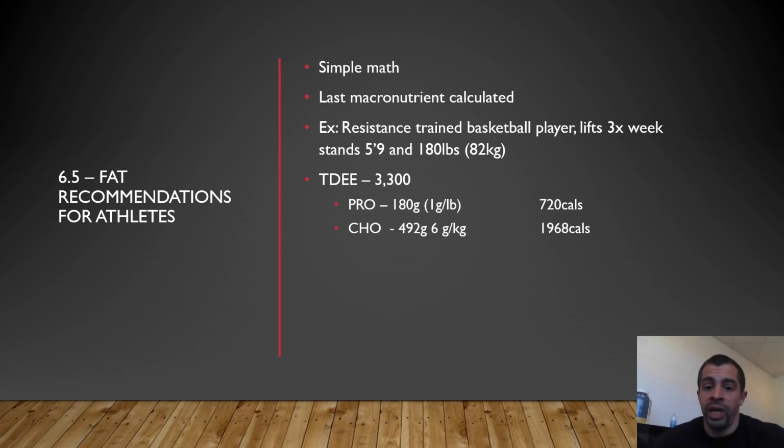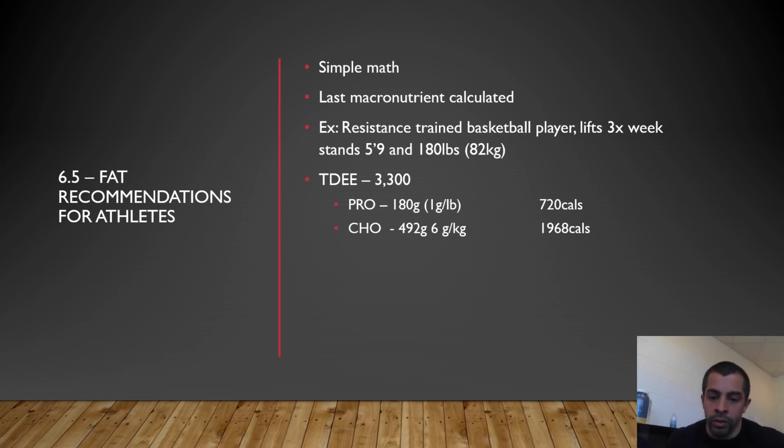Definitely on the high end, but again, this is a basketball player. Needs to be very active, needs to eat calories to support their performance. 492 grams of carbohydrates equates to 1,968 calories. That's 492 times 4, because 1 gram of carbohydrates equates to 4 calories of energy.